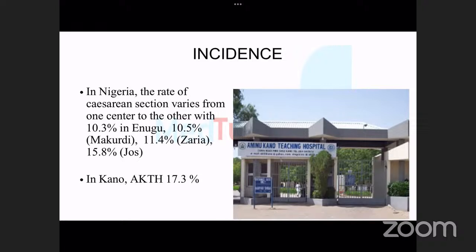The reported rate is about 17.3%, but this is not even the latest. The latest rate is about 22 to 25%. By virtue of what? Hospital data are affected by the issue of referral. A lot of the emergency cesarean sections are performed on patients that are referred with complicated labor. Next slide.